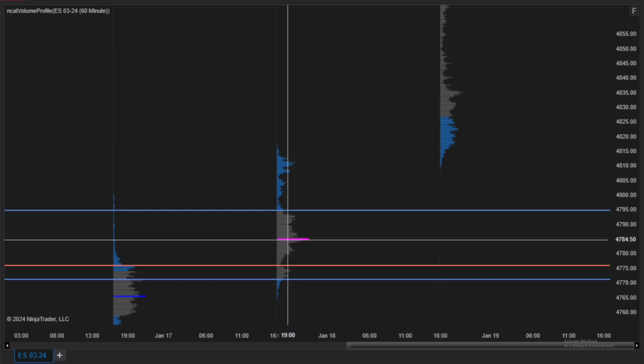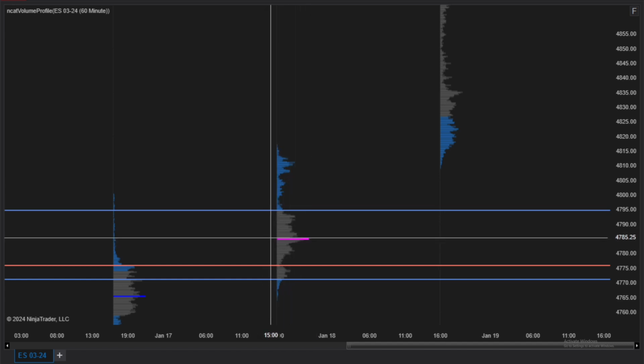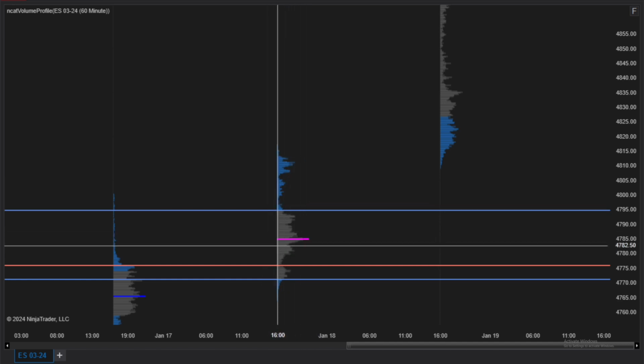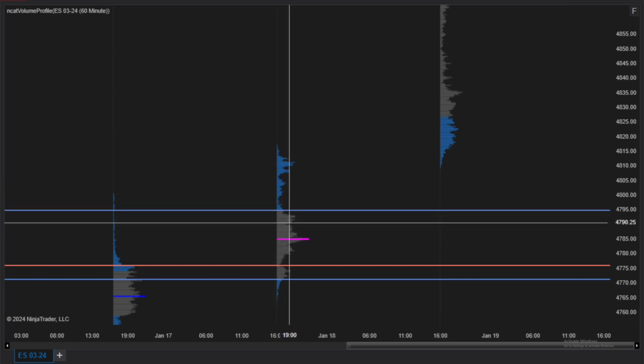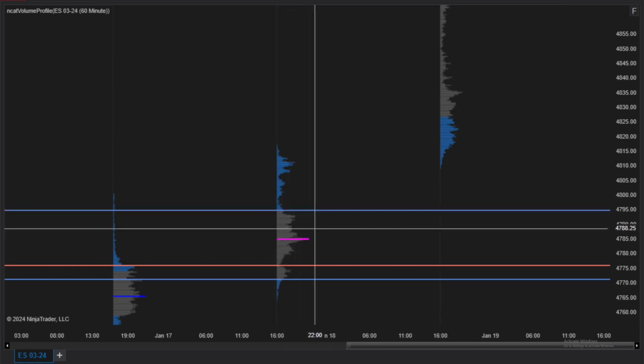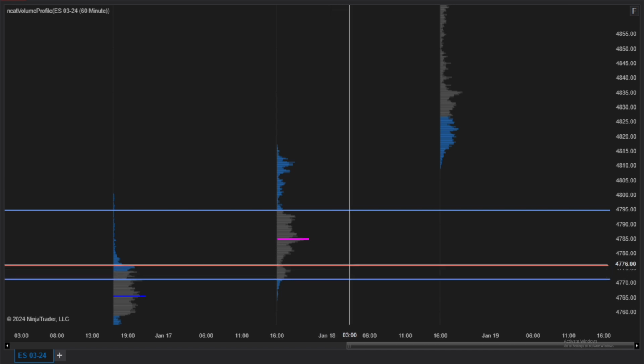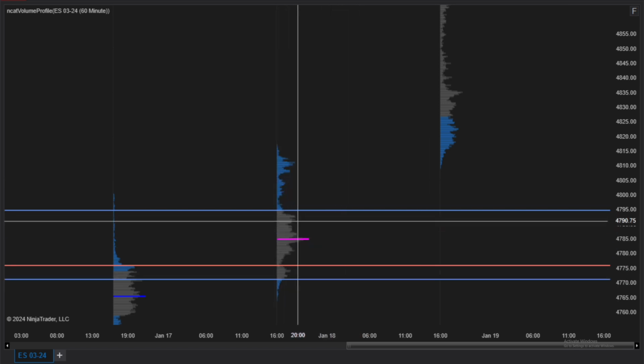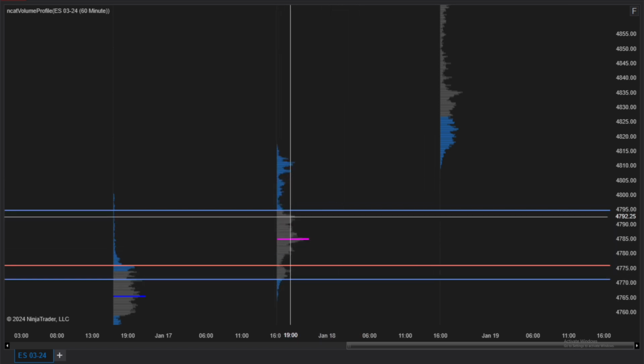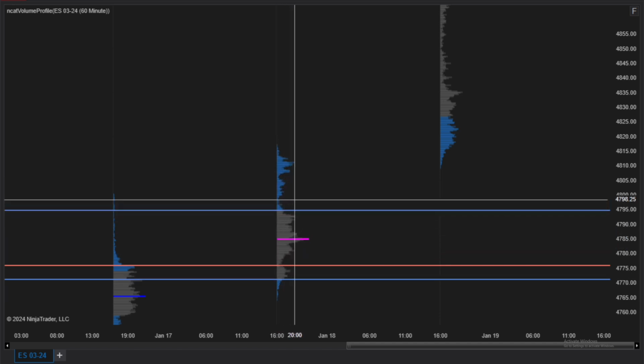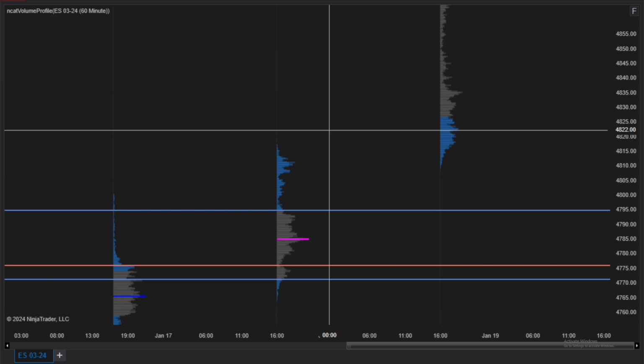The middle of the profile is a no trade zone, at least for me. If you're inside, you want to look for reversals here, back down, back up. The range days will typically stay within the previous day's profile. And if you're looking for breakouts above.